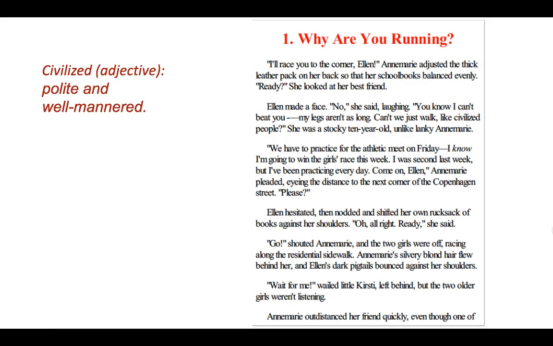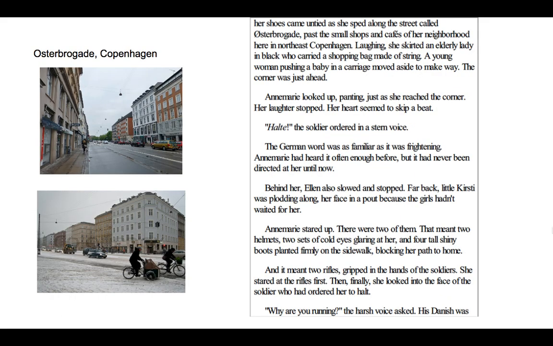Anne Marie outdistanced her friend quickly, even though one of her shoes came untied as she sped along the street called Estebrogade, past the small shops and cafes of her neighborhood here in northeast Copenhagen. Laughing, she skirted an elderly lady in black who carried a shopping bag made of string. A young woman pushing a baby in a carriage moved aside to make way. The corner was just ahead.